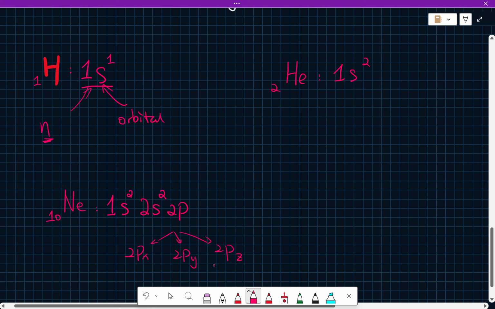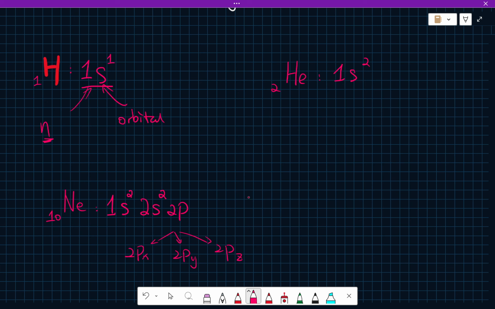And each of these suborbitals can contain 2 electrons. So we can put 6 electrons in total into the 2p orbital. And 6 plus 2 plus 2 is 10. So we have successfully put all these 10 electrons into the 3 orbitals.